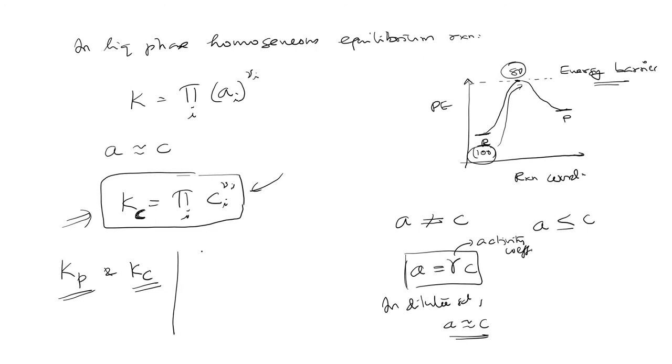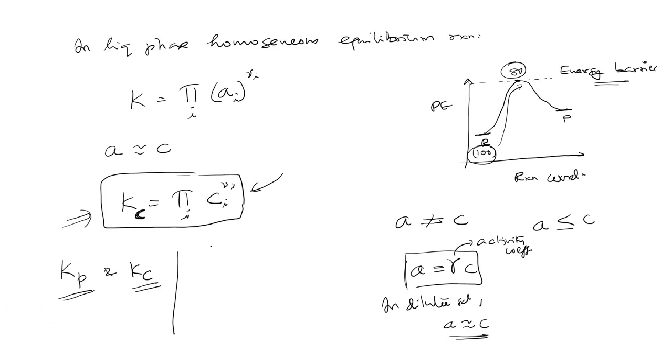Suppose I take this reaction: PCl3 gas combines with chlorine gas to form PCl5. It's not a homogeneous liquid phase reaction, so I'll take an example in terms of liquid phase.